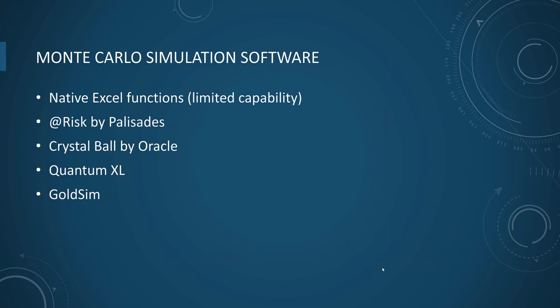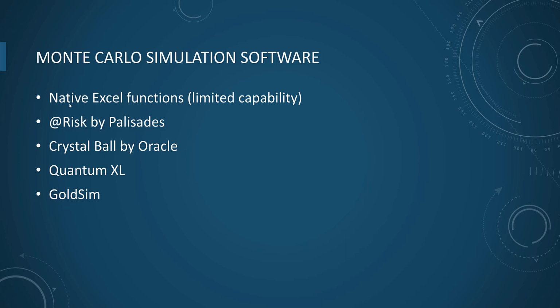Now for Monte Carlo simulation, we have lots of options in terms of what software platform we can use. We can even use the native Excel functions. There is a VLOOKUP function, and there is a new XLOOKUP function, and we have lots of probability functions available in Excel, and we can use all of those functions to set up a Monte Carlo simulation model.